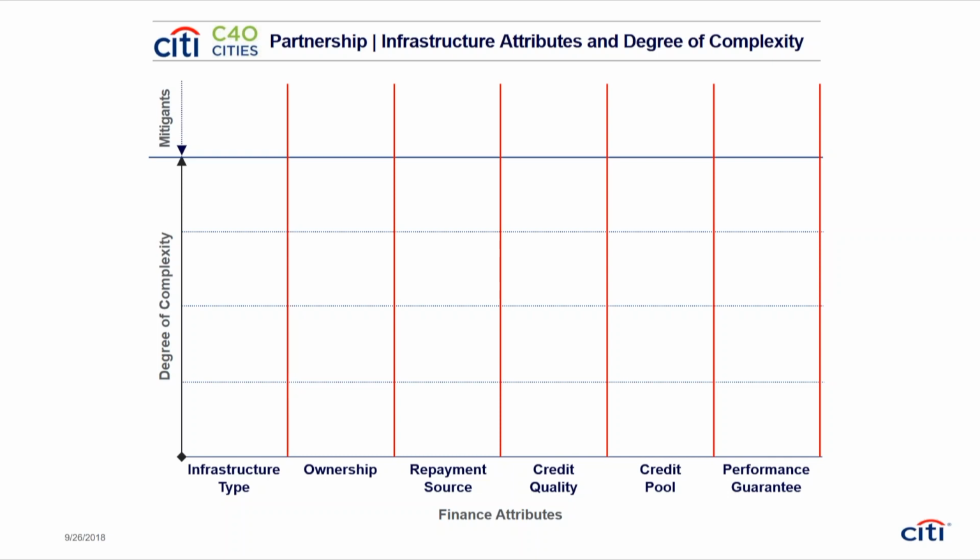Is it a general obligation of a jurisdiction, or a toll road, or what is the source of money that's going to cover the repayments? Next, what is the credit quality of the entity that is borrowing the money? Is it a pool, a single entity, or a group of entities? And lastly, is it possible to get any sort of guarantee around the performance of the infrastructure?